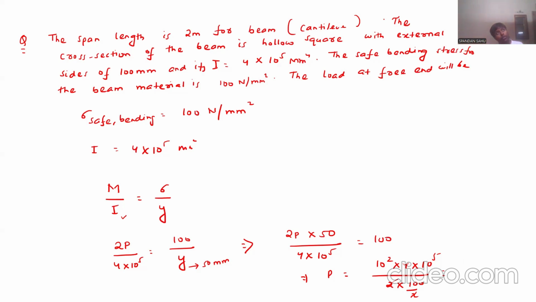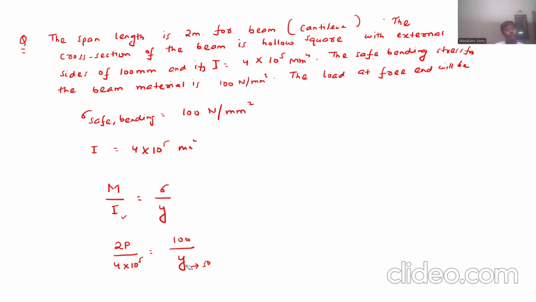So it will be 4 into 10 square kilonewton, or 0.4 meganewton, so it will be 400 kilonewton. 400 kilonewton is the load that can be applied at the free end such that the safe bending stress will be 100 Newton per mm square. Is this question clear?